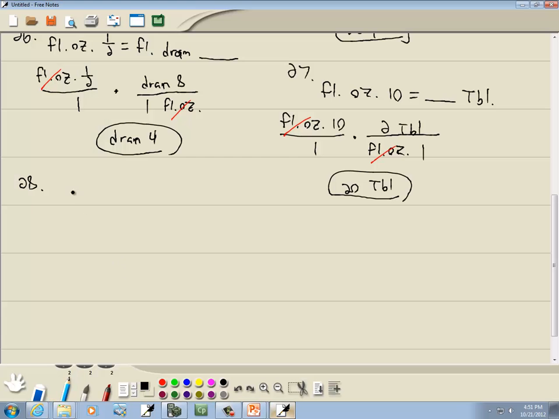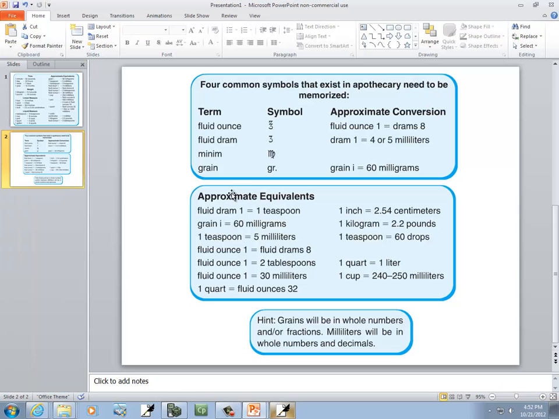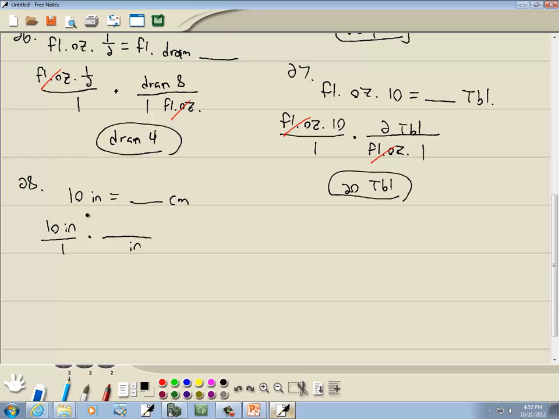Number 28. Got 10 inches equals blank centimeters. So we put 10 inches here. We got inches on top there. We got inches down here. Let's see if there's some kind of tie between inches and centimeters. 1 inch is 2.54 centimeters.